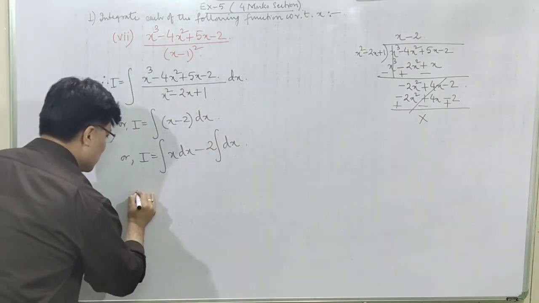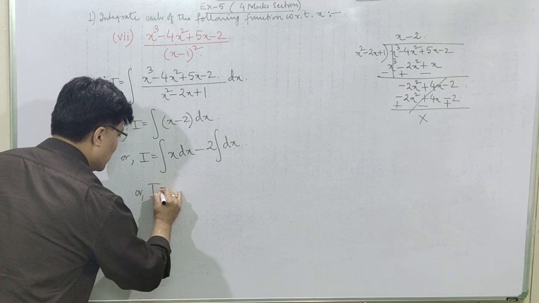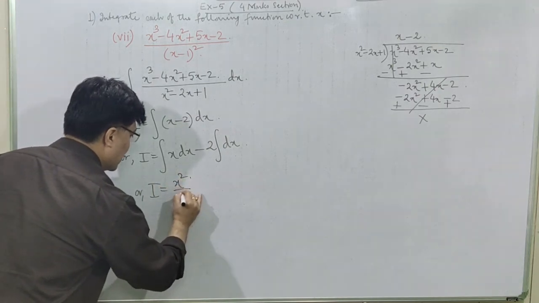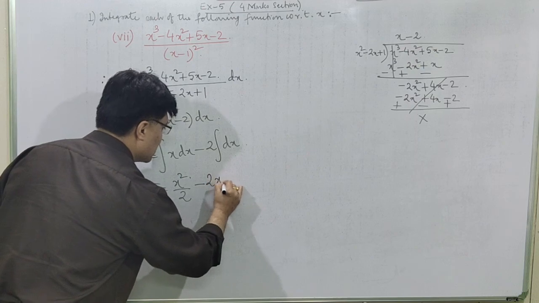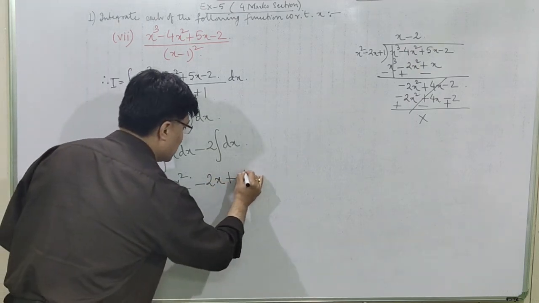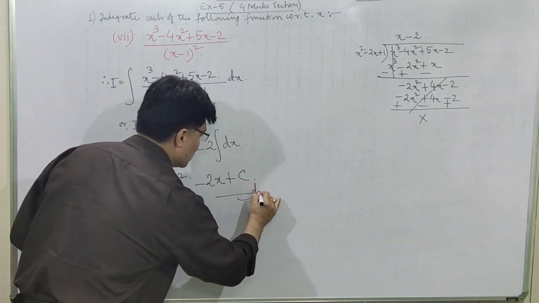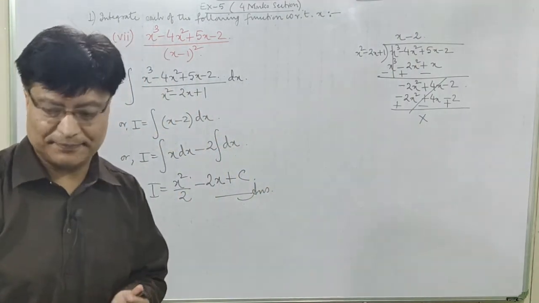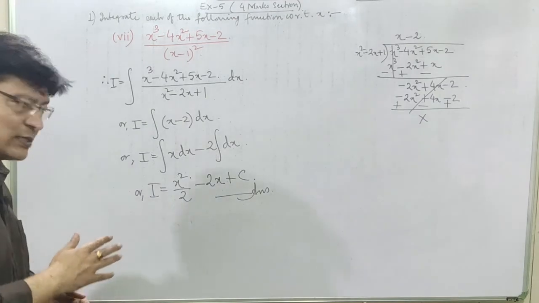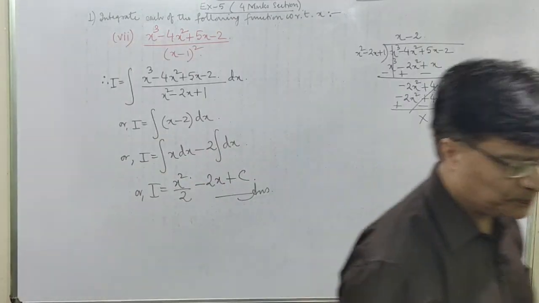Okay, so let us simplify it. I is equal to, what is integration of x? You know the formula, x square by 2 minus 2 into, what is integral sign dx? x. Then you should write here plus c, where c is a constant of integration. So this is the final answer. So you can copy it. Now we'll do the next question now.